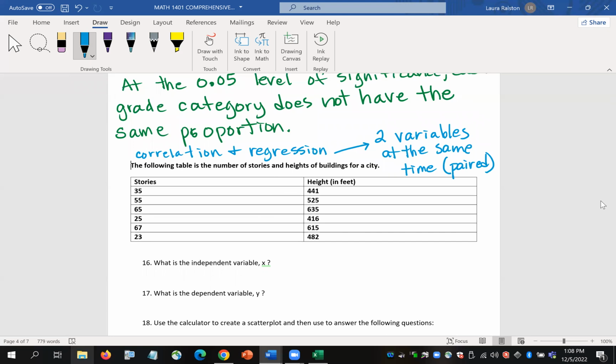Okay, now you just had the test on this, so do you need to see this question worked through?